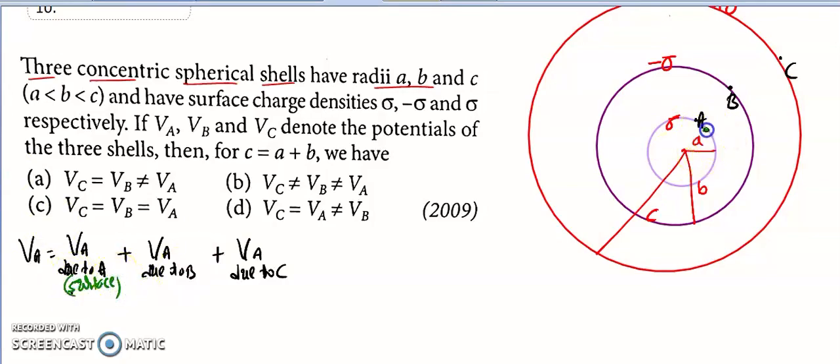Potential at A due to B is inside. Potential at A due to C is also inside.